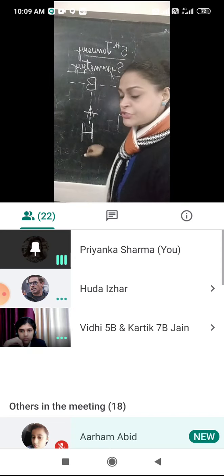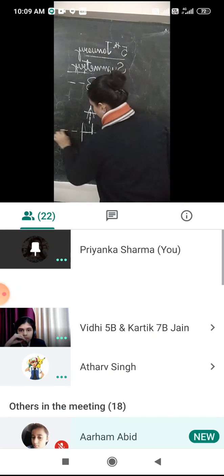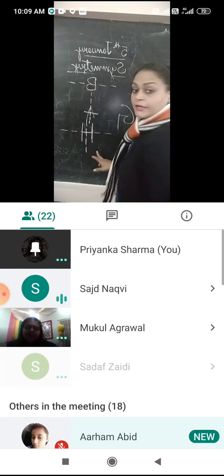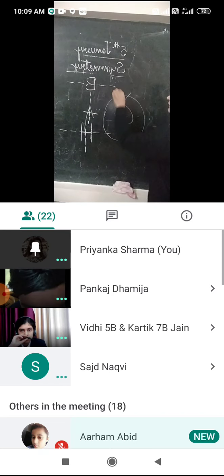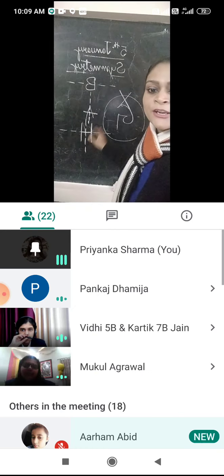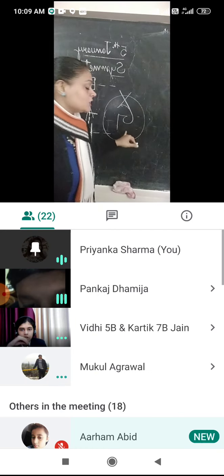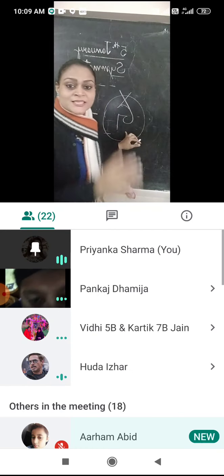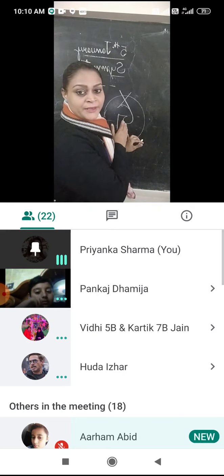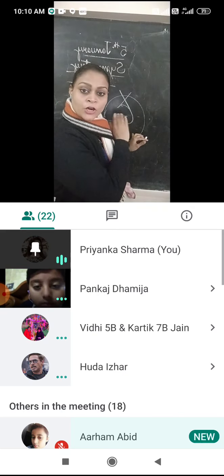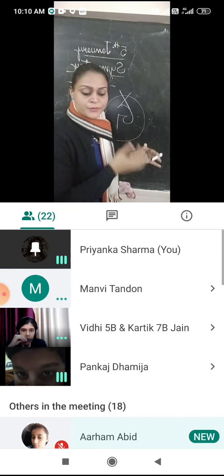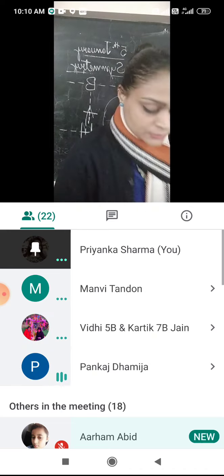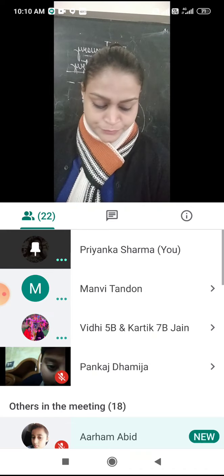In H, both, and in G, no line of symmetry. In G, no line of symmetry because this is an alphabet which cannot give the mirror image either by vertical, nor by horizontal, nor by both.